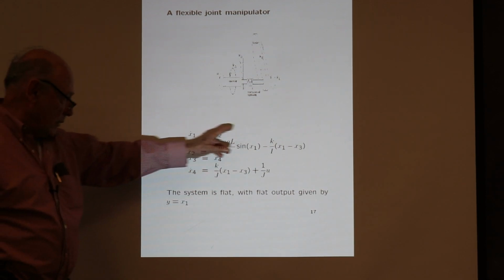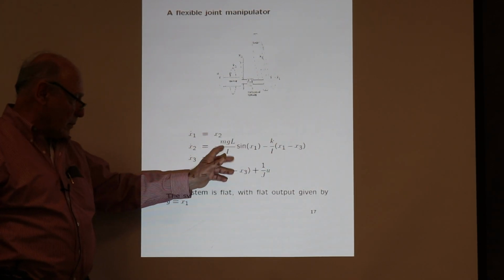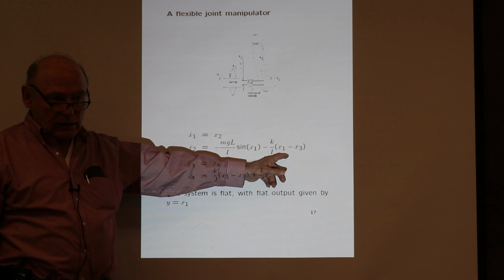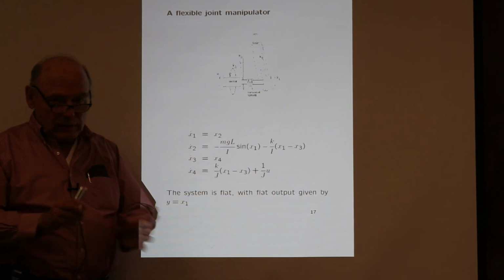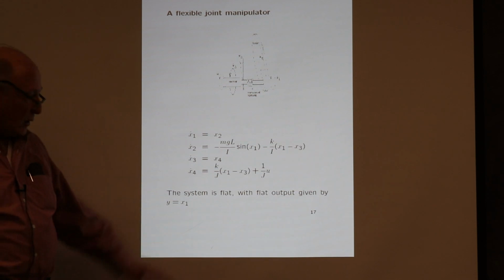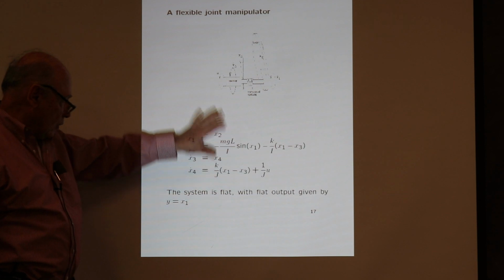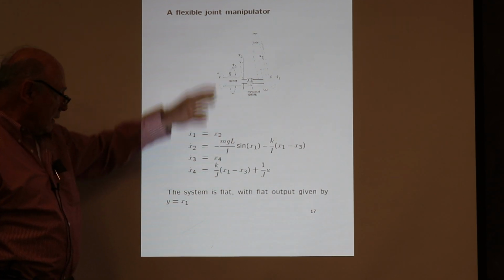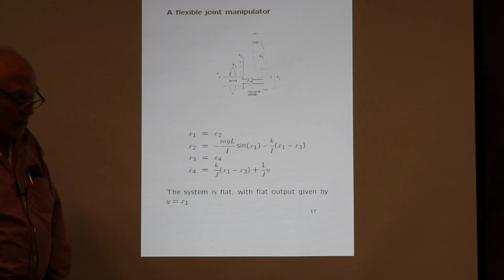This describes the link, which is like an inverted pendulum controlled by the elasticity of the difference generated by the angular difference between the motor and the shaft. When you have that difference, you create a torque, and that torque distributes in the position and velocity coordinates of the link.